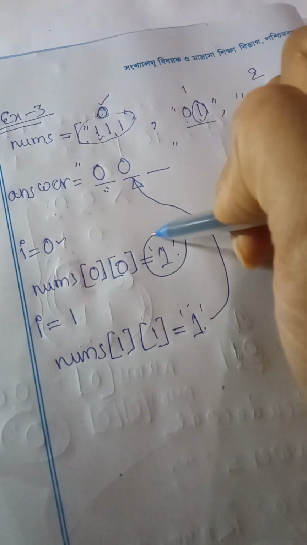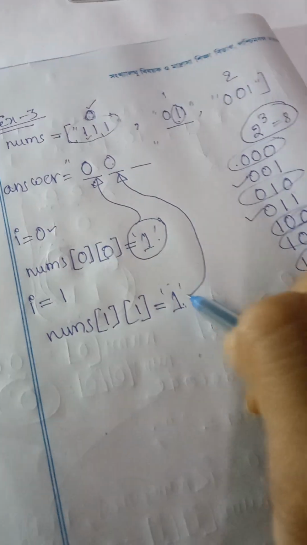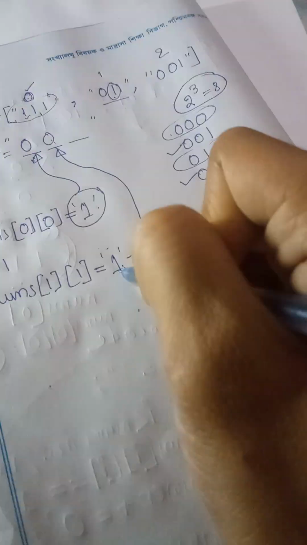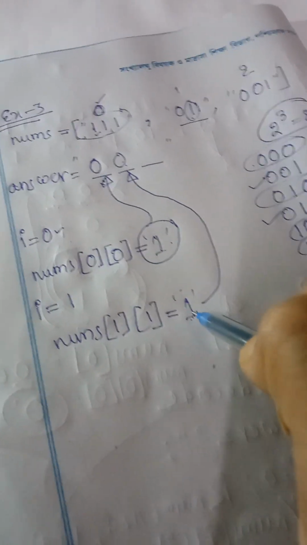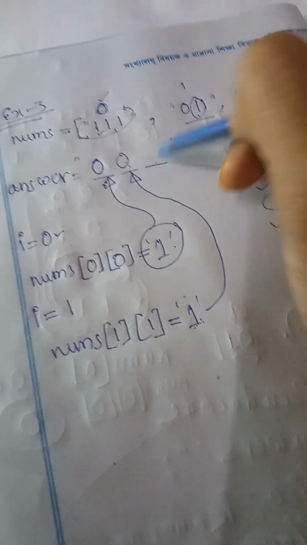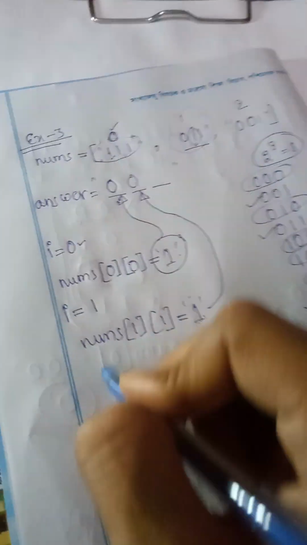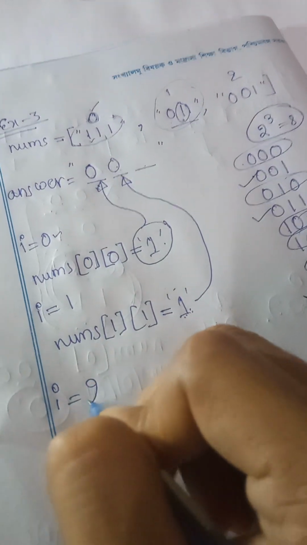Why am I storing 0? Because it was 1, and by this I am ensuring that my final answer is not equal to my second string. Next, I is increased, I is equal to 2.